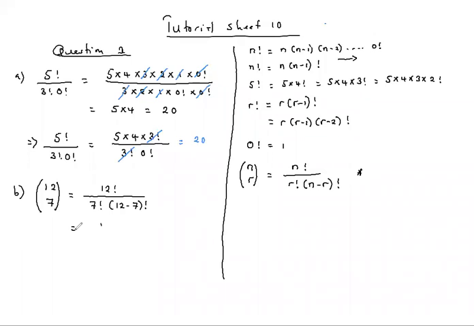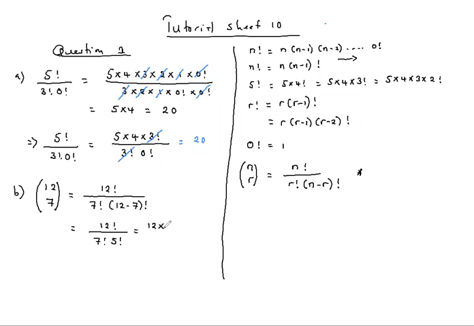So that we have 12 factorial over 7 factorial, 5 factorial. Now 12 factorial can be reduced up to 7 factorial so that it can take out the 7 factorial, and then we deal with the 5 factorial to remain in the denominator.